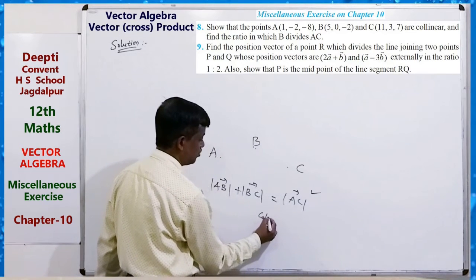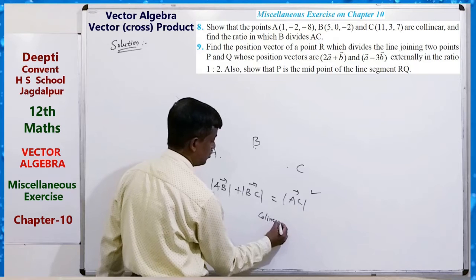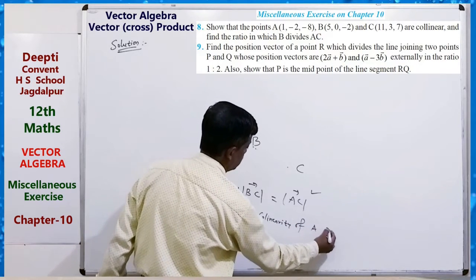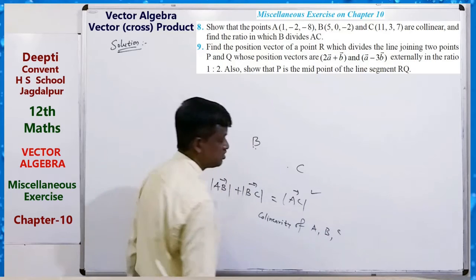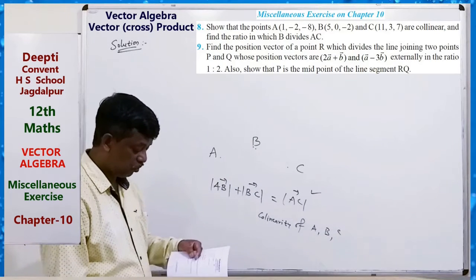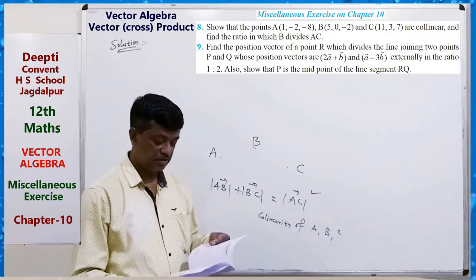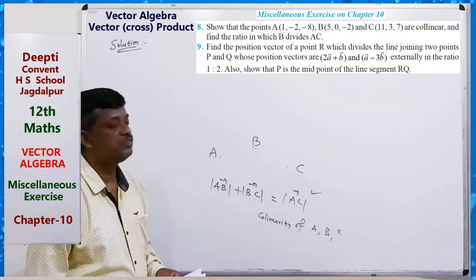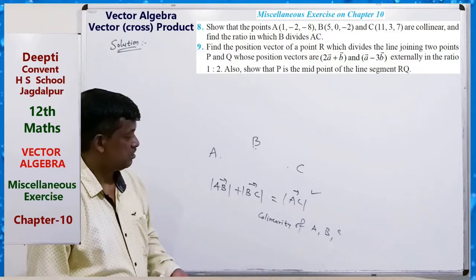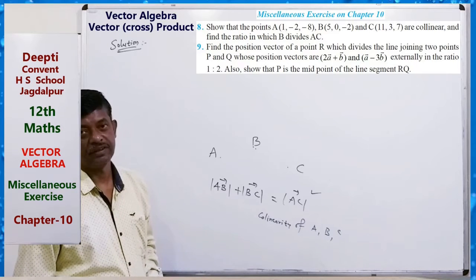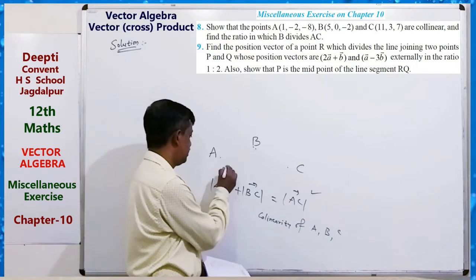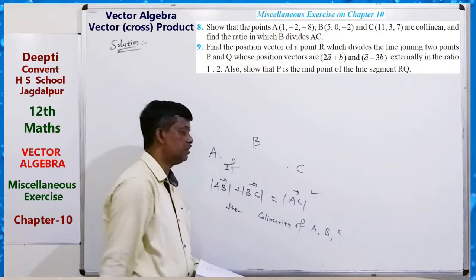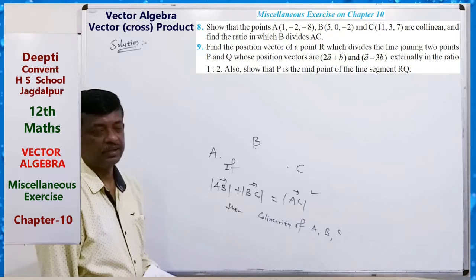Collinearity of points A, B, C. These are the given points. So we can find AB, BC, CA, and if we get this result, then A, B, C are collinear.